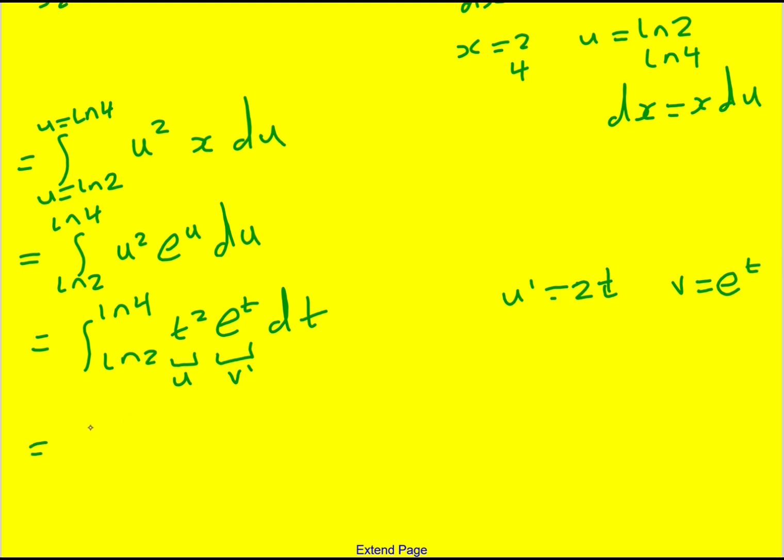So u times v, t squared e to the t evaluated between ln 4 and ln 2, minus the integral of 2t e to the t.